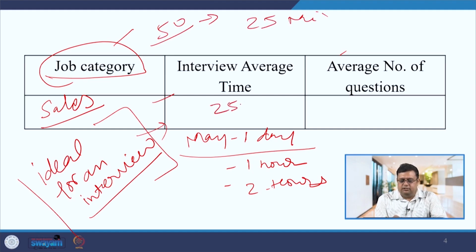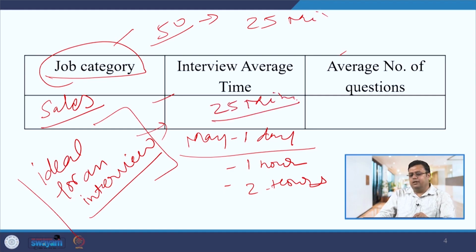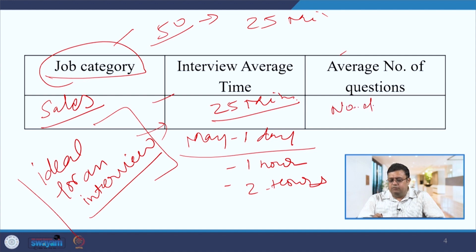So, 25 minutes is the average time. In order to utilize this time effectively, you can decide the number of questions, 5 to 6 questions that may be asked, and along with that the area from which these questions should be asked.